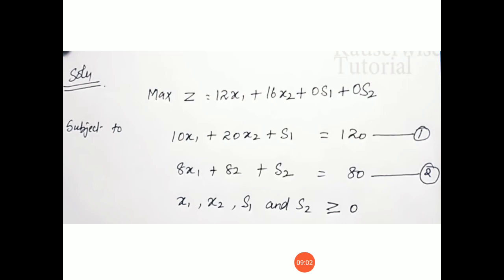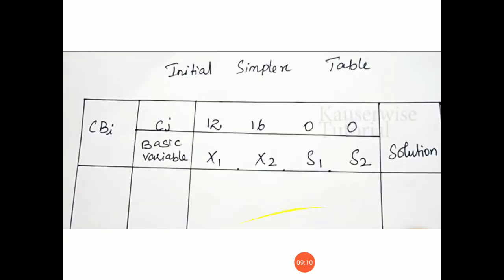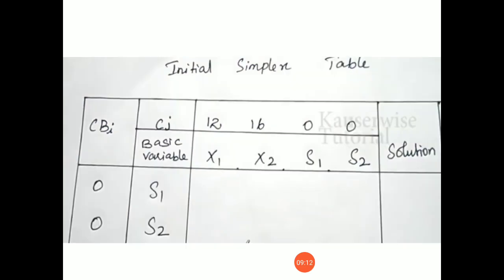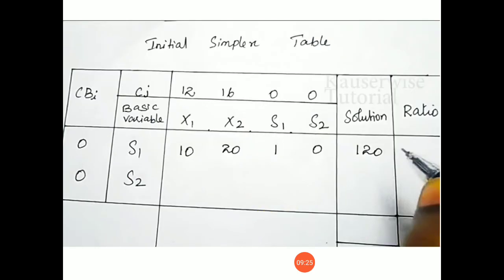So I will be writing the coefficients of this equation number 1 in the row of s1, as I've written it here: 10, 20, 1, 0.